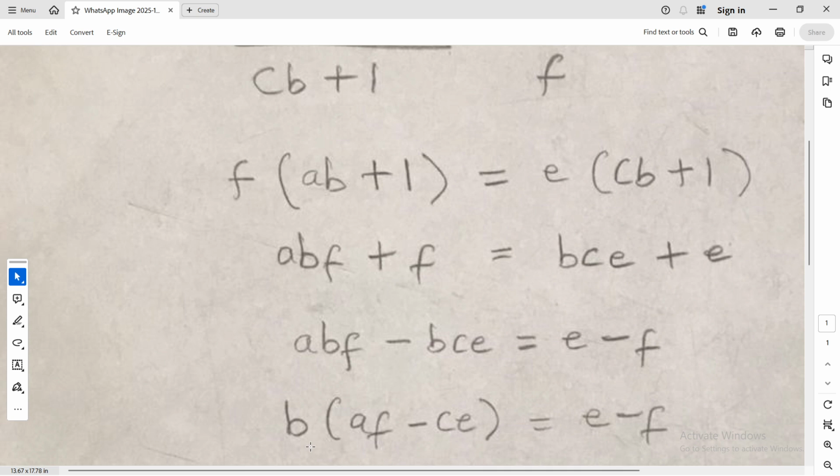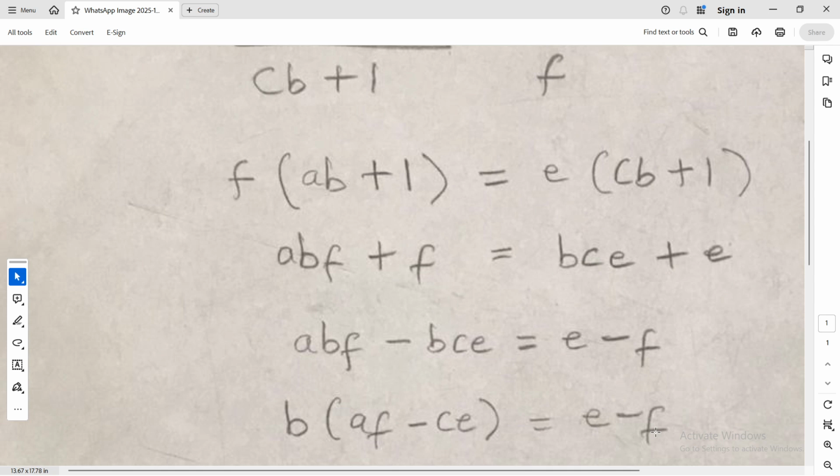And we were tasked to make B the subject of the relation. But looking at our equation here, which is B multiplying, in brackets, AF minus CE, equals E minus F, we could realize that B is not standing on its own. B is not independent, and B has to be independent before it can become the subject of the relation.